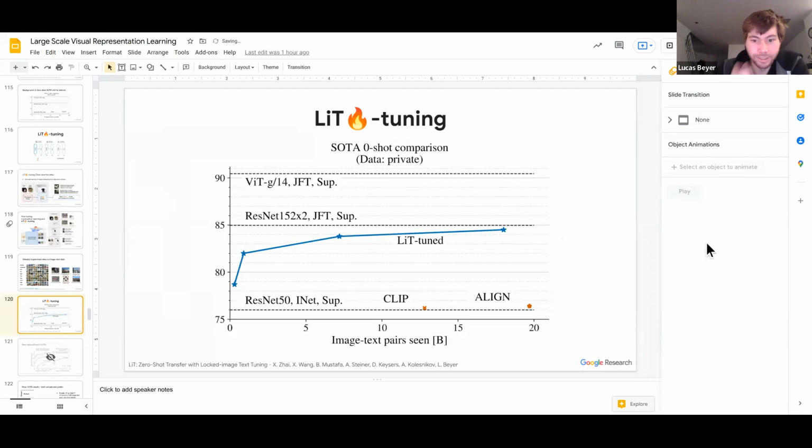These horizontal lines are our top models that were pre-trained in a classification way and then transferred in the standard classification way. In this case, chop off the head, attach a new one, and fine-tune the whole model. This is the best that we know to do. And so the blue one is this contrastively tuned one, which we call LiT.